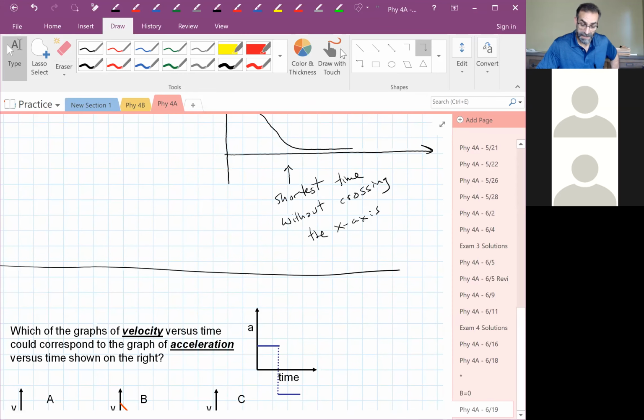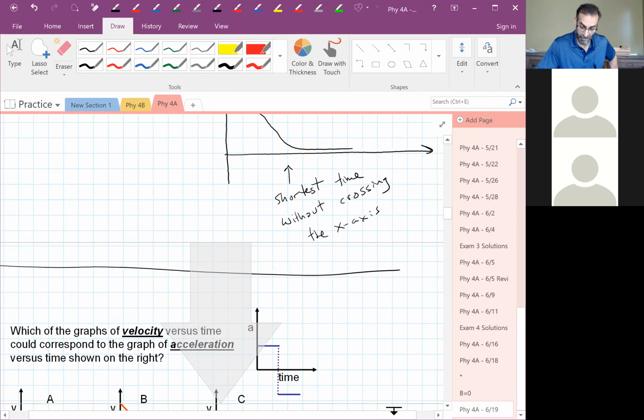So that's damped. And then I think we mentioned we could have driven oscillations also, where we add energy.